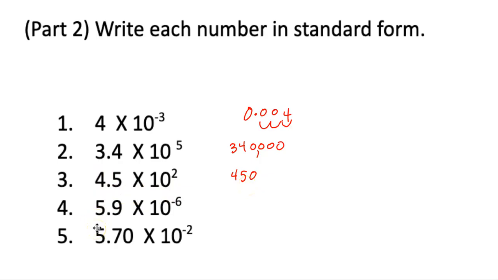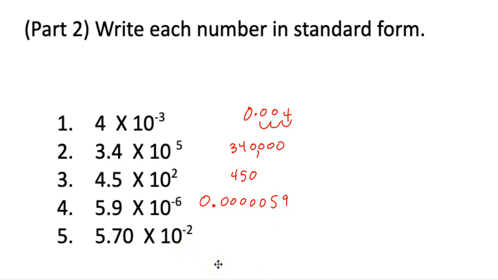Okay, next one, 5.9 times 10 to the negative 6. So we're going to start with the 9. And so here is 1, 2, 3, 4, 5, 6. And then I generally put this leading 0 because sometimes otherwise I miss that decimal. So it should be 1, 2, 3, 4, 5 zeros, and then 5, 9.